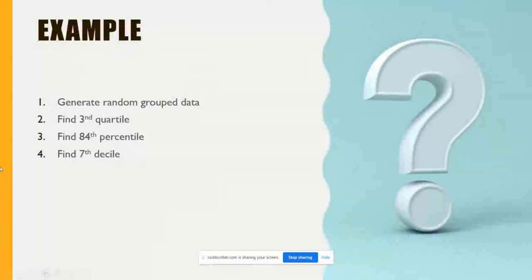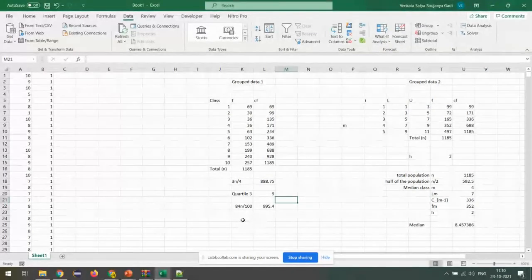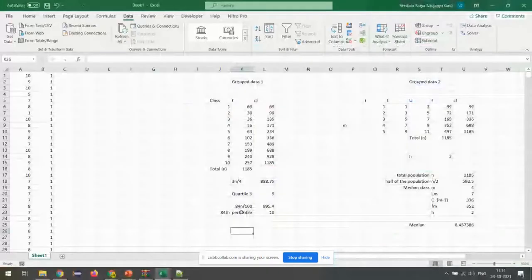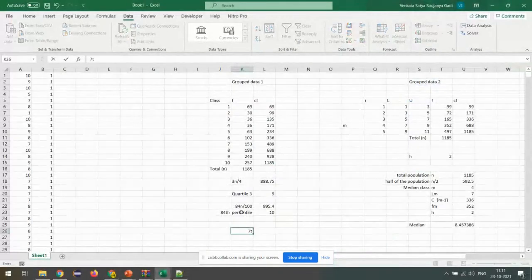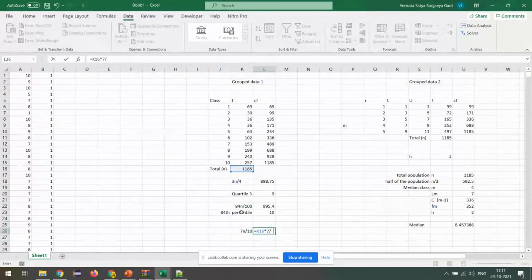So what is missing? The 7th decile. It's the same thing. Let me write here: the 84th percentile is 10. Now the question is the 7th decile. The 7th decile is 7 times n divided by 10. The number times 7 divided by 10 is 829.